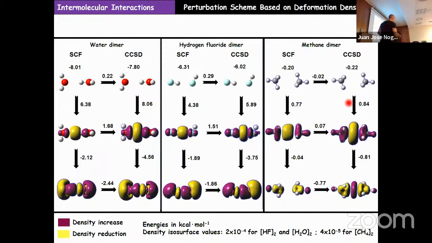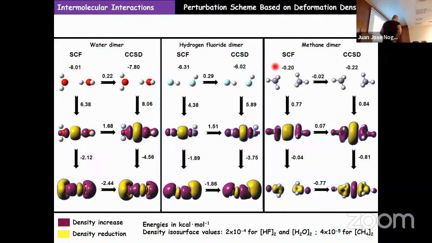Well, okay, the comparison is good. Perfect. What happens with the second order terms, with the polarization energy? The most interesting system is the methane dimer, and we focus on this dimer. You can see, first, a comparison between our method only, no comparison with SAPT: SCF, CCSD. Now, we know with SCF the methane dimer is not stable, the interaction energy is positive.